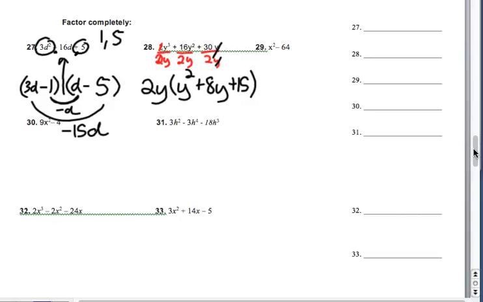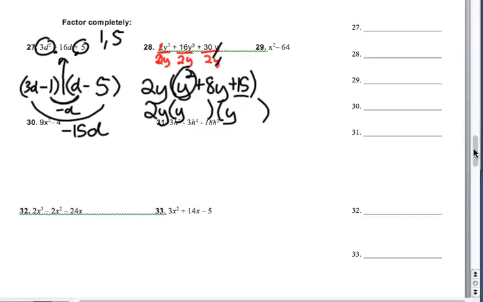Now, here's where I said that whenever you pull something out, still look to see if what you have left behind can factor. Because this time I actually can take this further, okay? I can break down that y squared plus 8y plus 15, because to get y squared, I can use y and y.